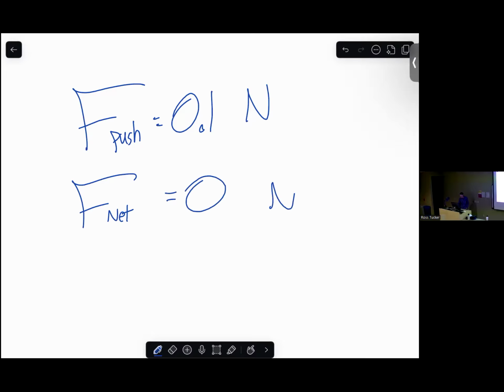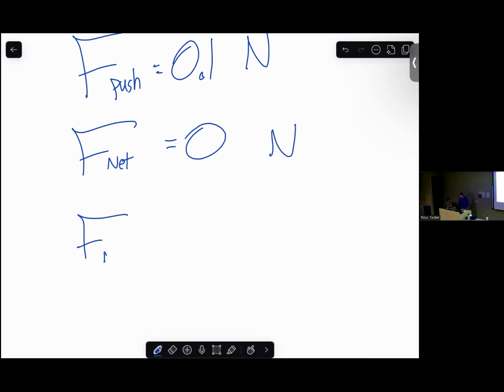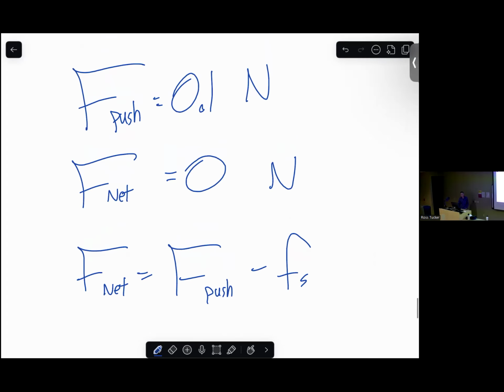The meaning of total, again, F net equals: I applied 0.1 newtons forward. It's silly to write down one number and the rest not. And there's static friction backwards. Can you solve this equation for static friction?